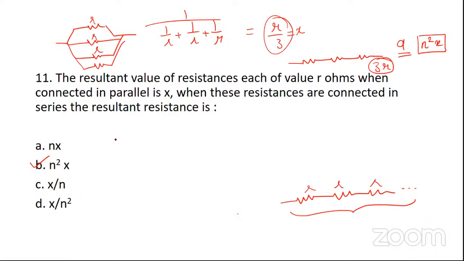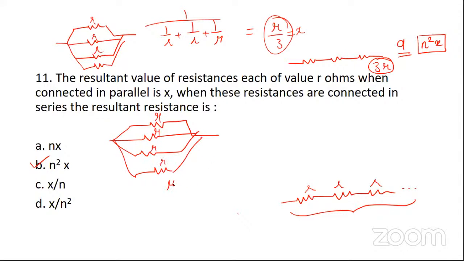See, we know that if the same amount of resistance is connected in parallel, then the final value, suppose this is R, and if we connect 4, what will be their resultant? R by 4. Alright. So according to the question, if we connect n, their resultant will be R by n.